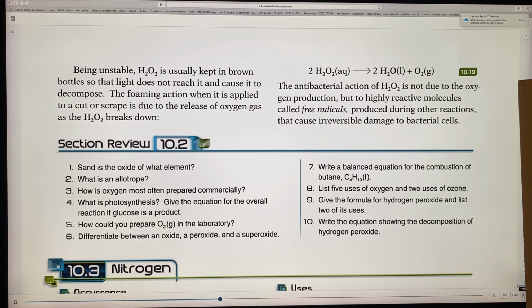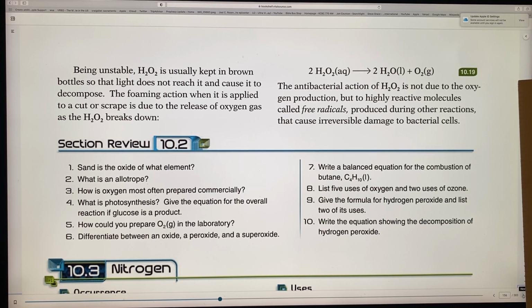So the foaming you see when you dump hydrogen peroxide on a wound, and it starts stinging a little, is because oxygen is being released out of the peroxide. This antibiotic action is due to free radicals, and these free radicals cause irreversible damage to bacterial cells.